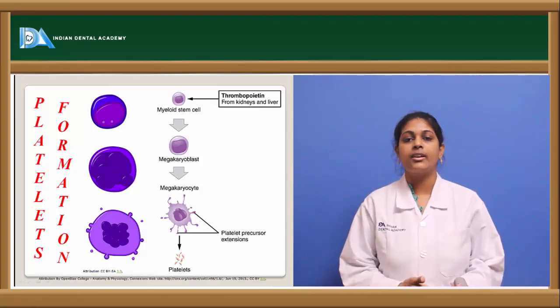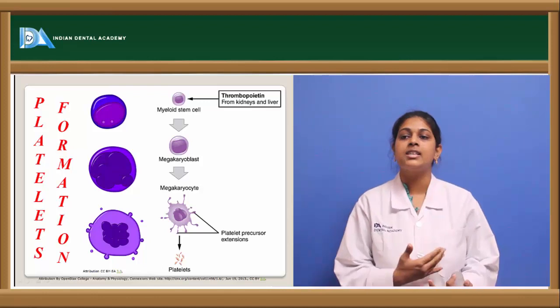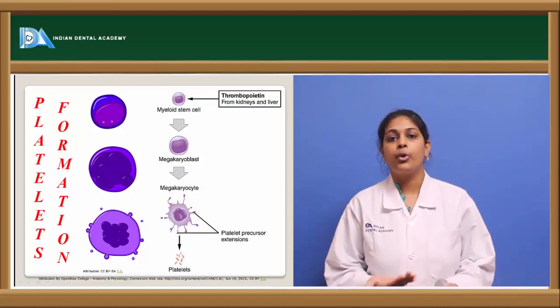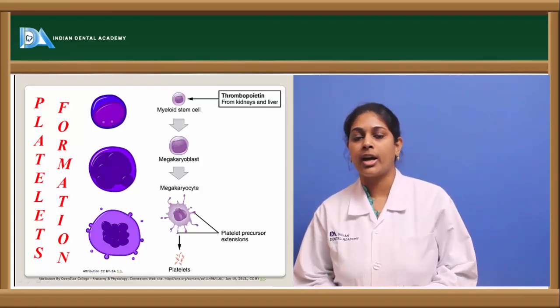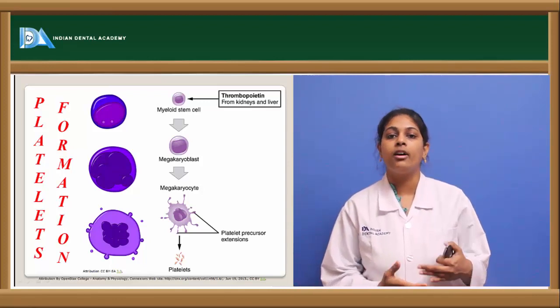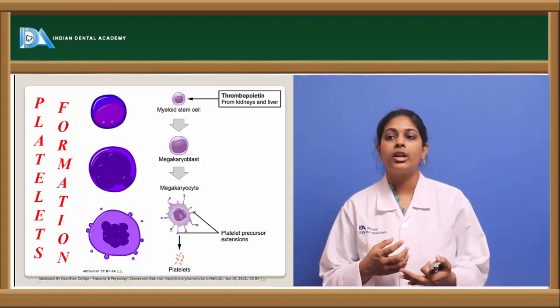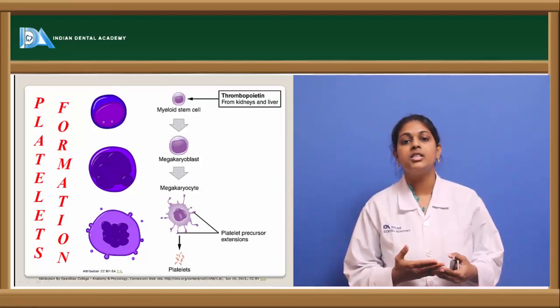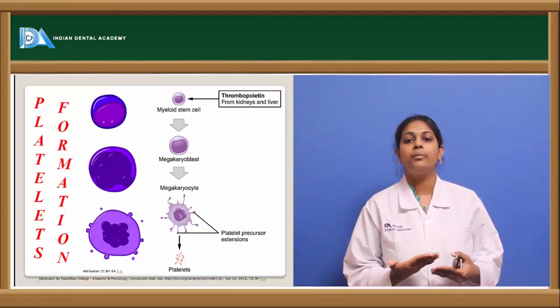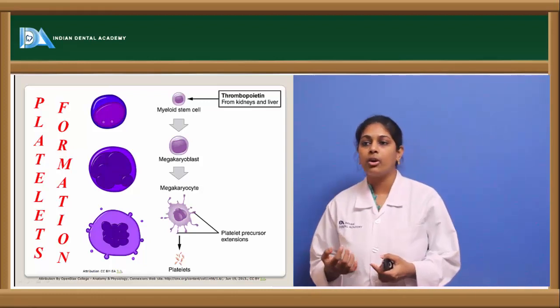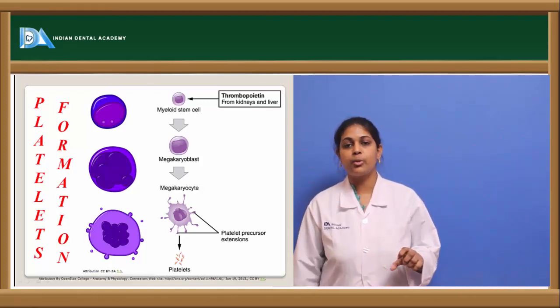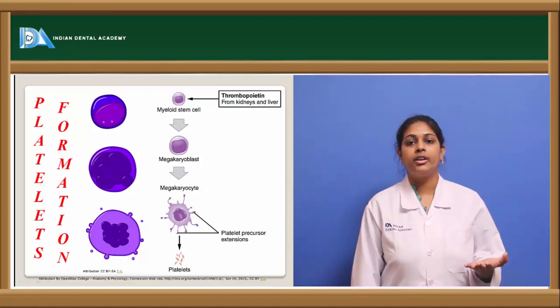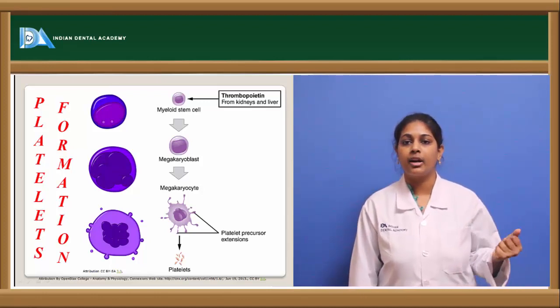It contains more than 32 times the diploid nuclear material of that in the megakaryoblast. So this promegakaryocyte further differentiates and results in the formation of a megakaryocyte.